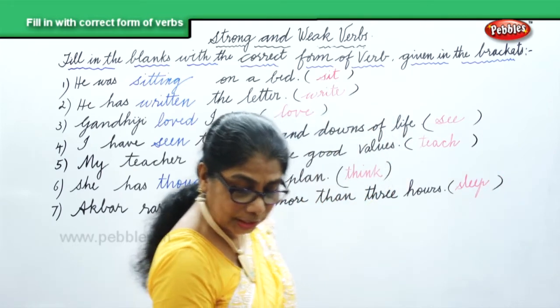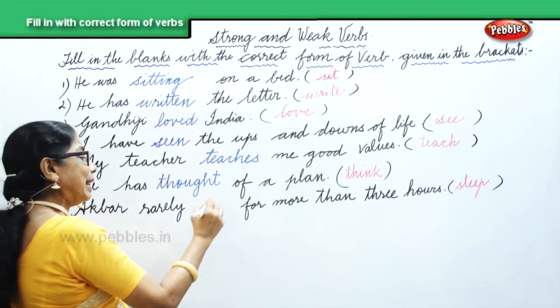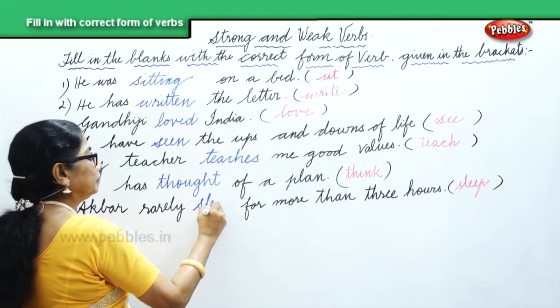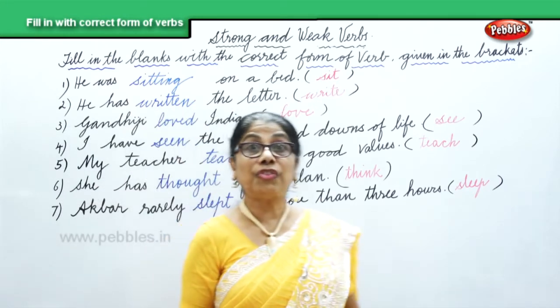So what form will you change the verb to? Akbar rarely slept. Very good. Akbar rarely slept for more than 3 hours.